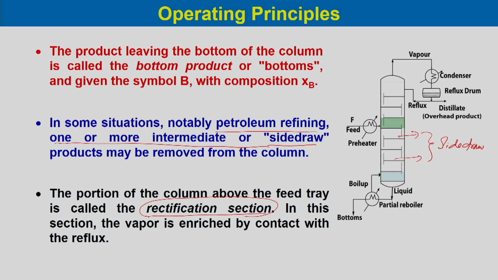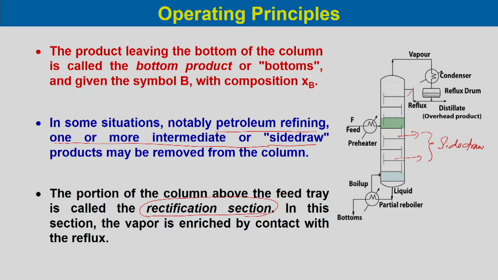In this section the reflux from the top comes down and the vapor goes up, and there is contact between the reflux and the upward-travelling vapor. In this section the vapor is enriched by contact with the reflux. So, the vapor phase will be richer in the more volatile component in this section.